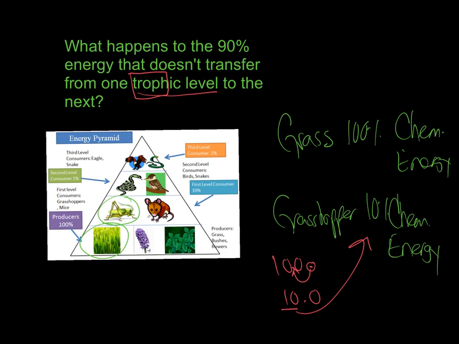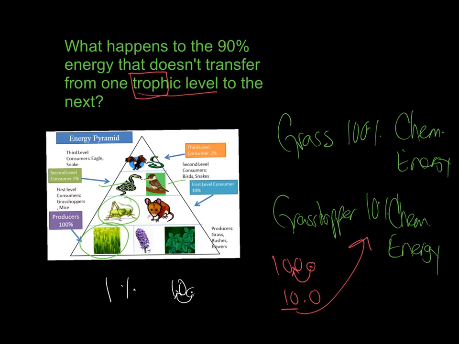Then when the grasshopper starts to use the energy that it got from consuming the grass to do its daily functions, again, 90% of its energy is released, and only 10% of the energy moves to the next trophic level. So from there, again, we just move it one over. The next level, the level that we have here with the snake and the birds, will now only have 1% of the original energy that we started with at the very bottom.